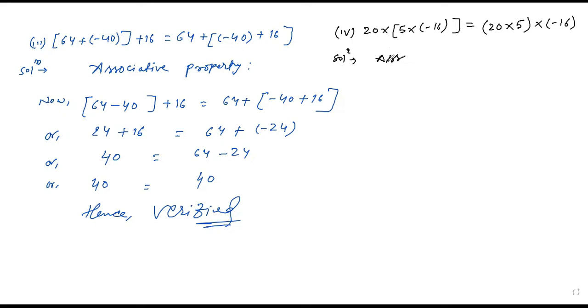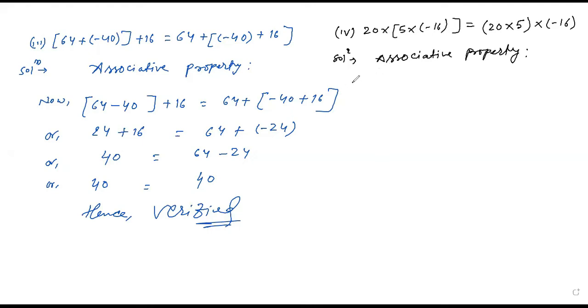In the distributive property, the outer integer is multiplied with the sum of the interior integers. Inside the bracket there should be a plus or minus sign, and this sum is multiplied with the outer integer. But for the associative property, all the numbers should be multiplied with each other. So this is your associative property.